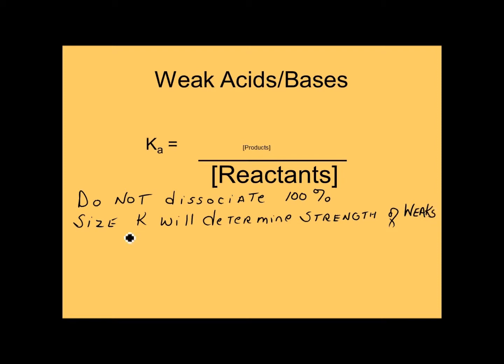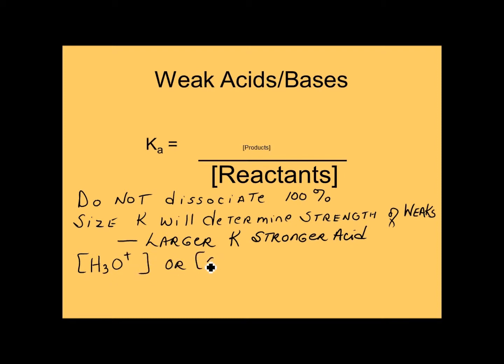And remember, the larger the K, the stronger the acid. In order to calculate the hydronium ion, or the hydroxide in the case of bases, you need to do ICE table math.